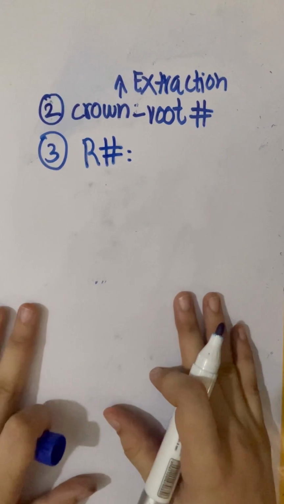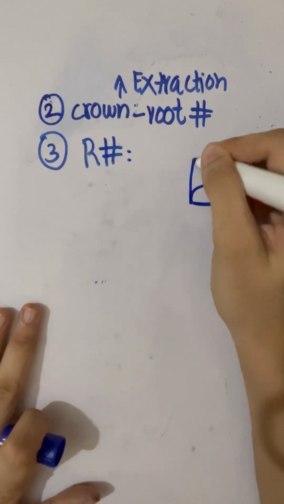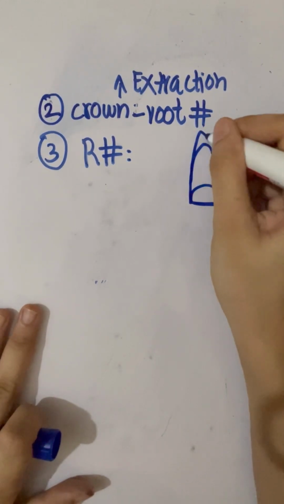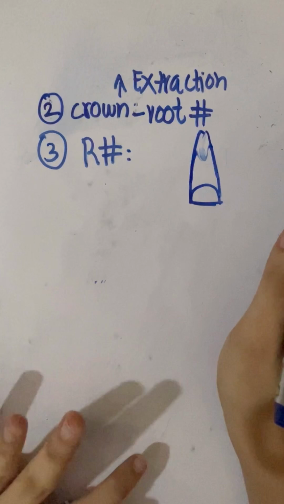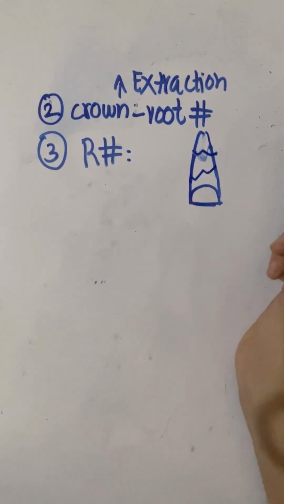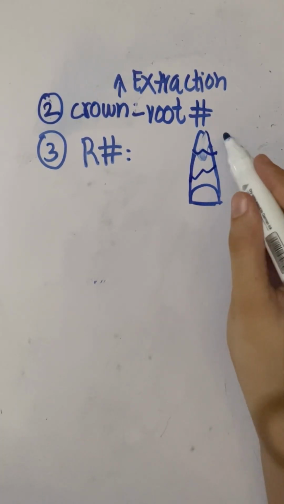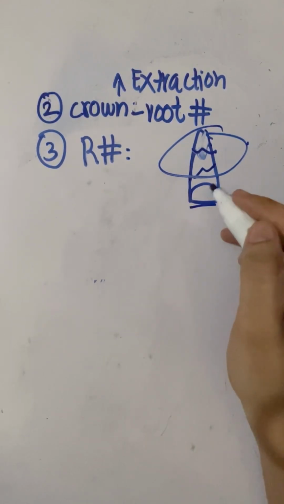There is only root fracture. If this is our tooth, there is only involvement of the root. The crown is perfectly fine. There is either this type of injury or this type of injury. We divided it into coronal, middle and apical parts.